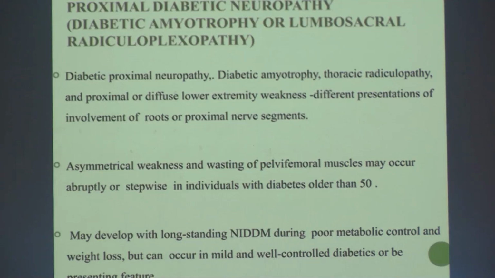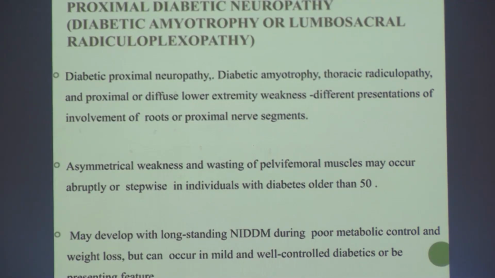Proximal diabetic neuropathy, virtual involvement of the lumbosacral radiculoplexopathy, producing weakness of the gluteus and thigh muscles, especially of the anterior thigh, and loss of the deep tendon reflexes. This is the asymmetric weakness and wasting, and usually associated with long-standing diabetes mellitus.